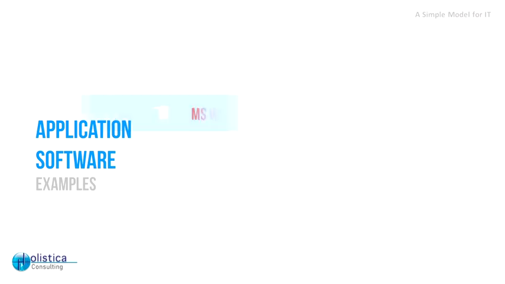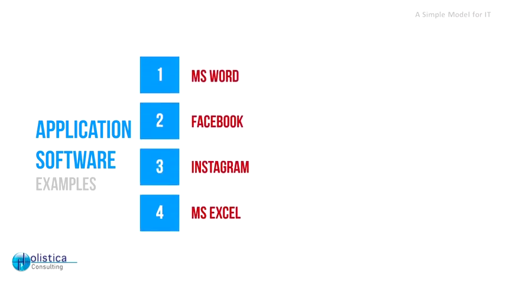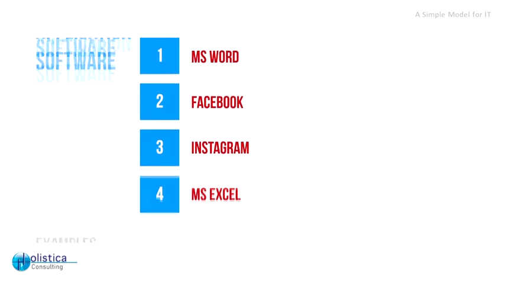Microsoft Word, Facebook, Instagram, Chrome, Excel, these are all application software. And that is a group of software that we leave to the worldwide community of developers to create for us, because they create these exciting applications that you and I use in our personal and business life. More about how our companies decide on which applications to use later on.